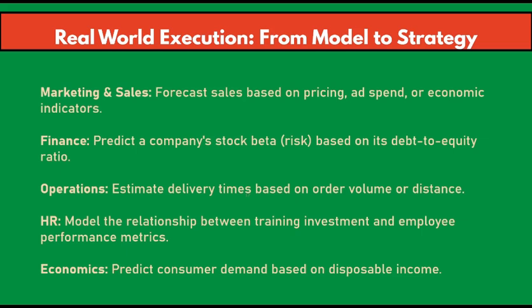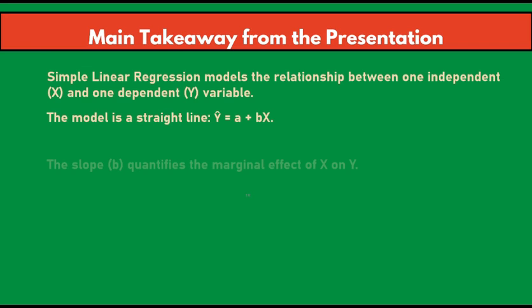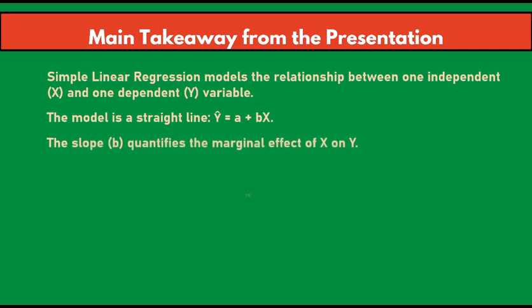So what are the main takeaways from the presentation? First, we tried to understand simple linear regression involving one independent variable and one dependent variable. Then we found out how we can form a model of the form y equals a plus bx. We went a step forward and found out how the slope, that is b, quantifies the marginal effect of x on y.